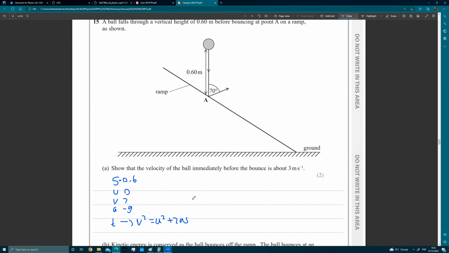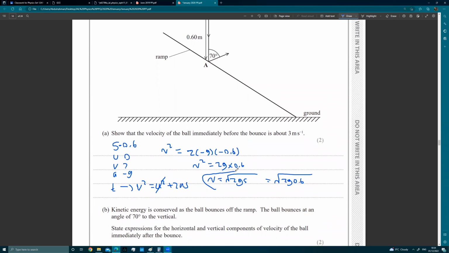Therefore, v squared is equal to 2 multiplied by minus g multiplied by minus 0.6. The minuses cancel out, so v squared is equal to 2 times g times 0.6, or v is equal to the square root of 2gs, which is 2g times 0.6.